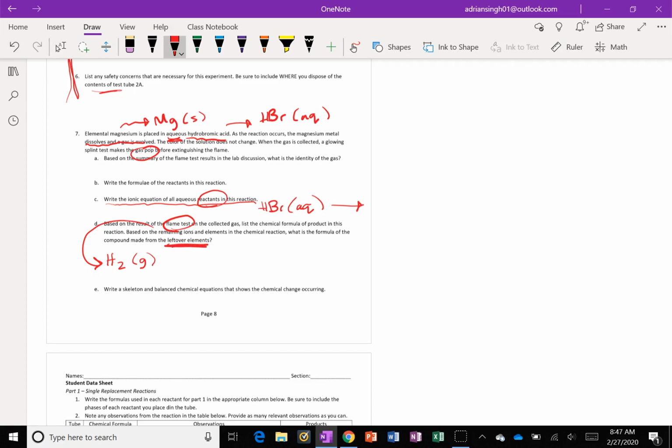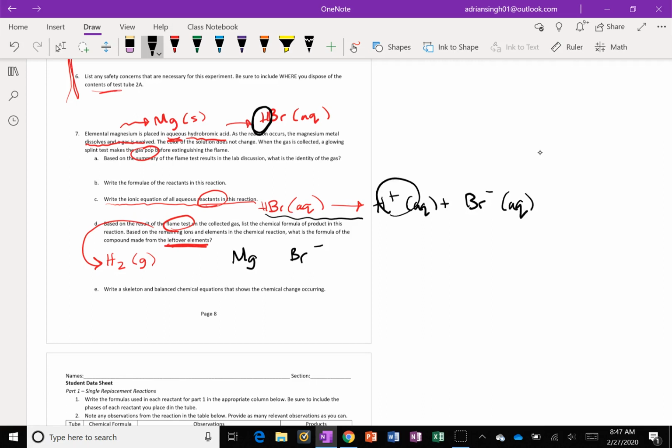The hydrogen comes from this part of your HBr, and what we're left with is the Mg and the Br minus, because in your ionic equation up here, that breaks down into H plus and your Br minus.